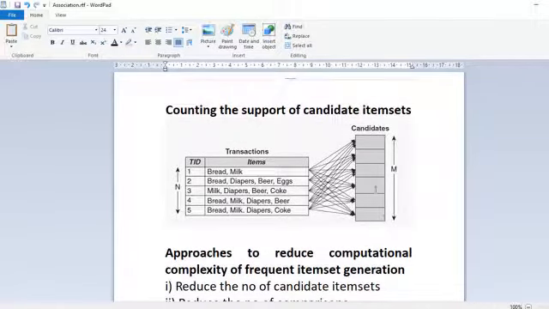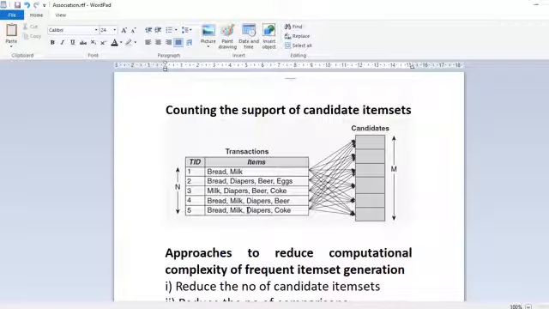You match each candidate item set against the transactions and increment the support count. For example, the support for bread and milk is incremented thrice because the item set is contained in transactions 1, 4 and 5. So here you can see bread milk, in 4 you can see bread milk, in the 5th transaction you can see bread milk. So it is incremented thrice.